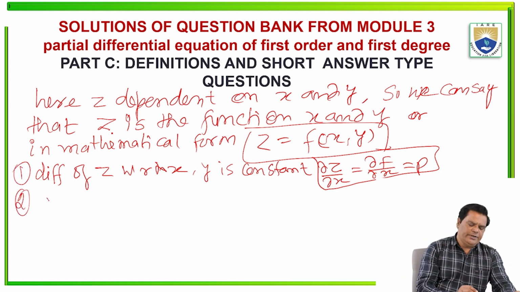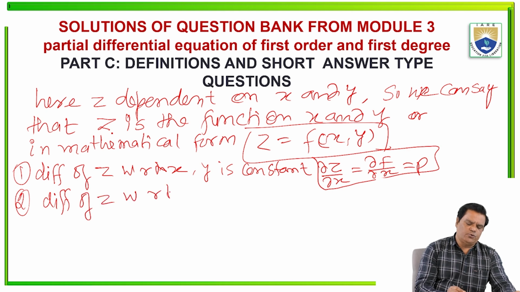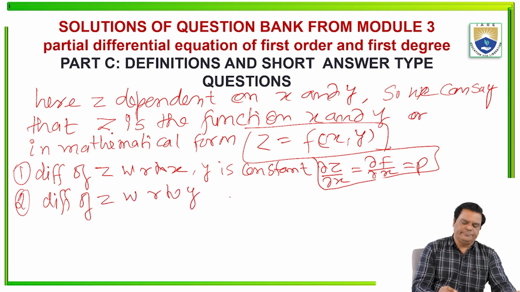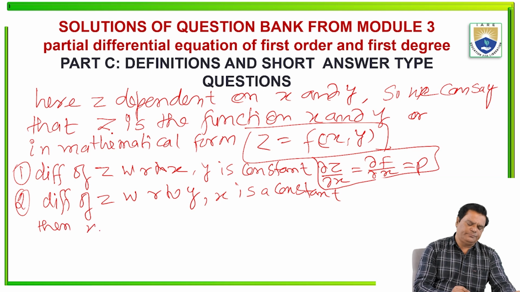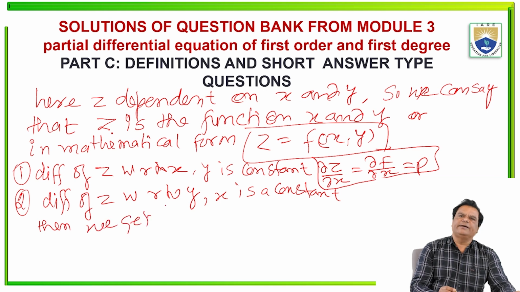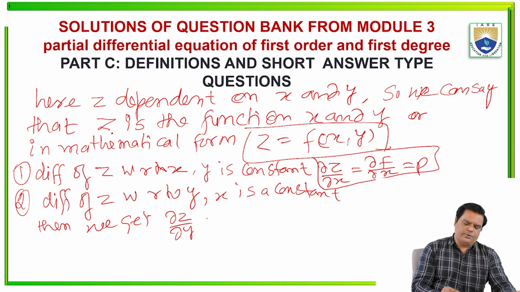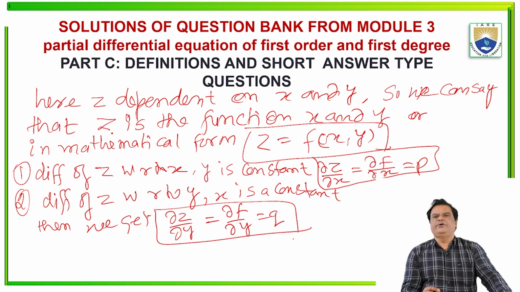Point 2 is the differential of z with respect to y, when x is constant. Then we get dou z over dou y equals dou f over dou y, and this equals q.